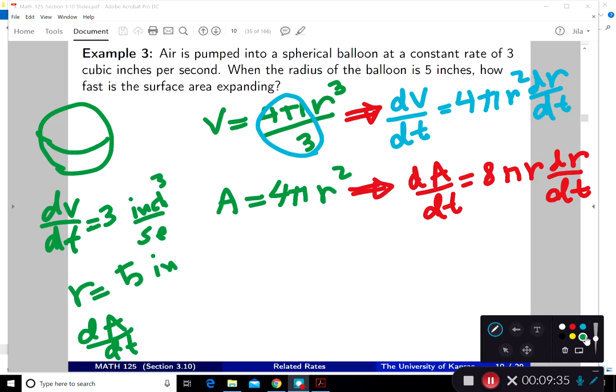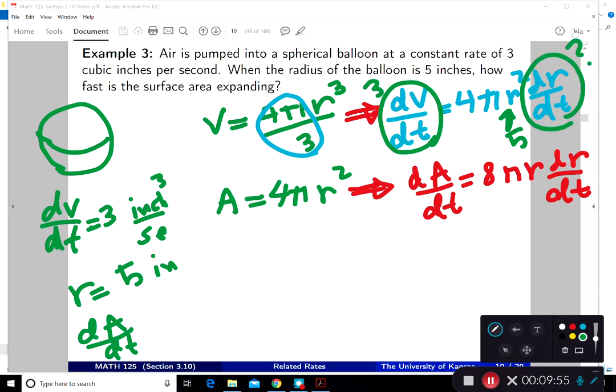Now, the question is, what do I know? What do I need to find? I know this value is equal to 3. I know that value is equal to 5. I don't know this. This one is the one that the question is asking.